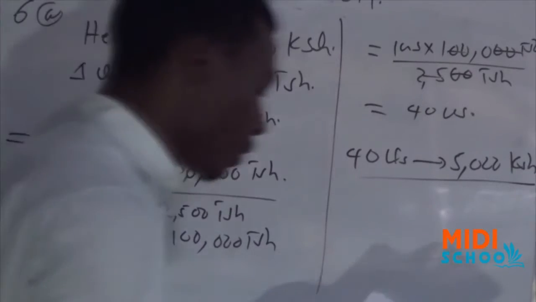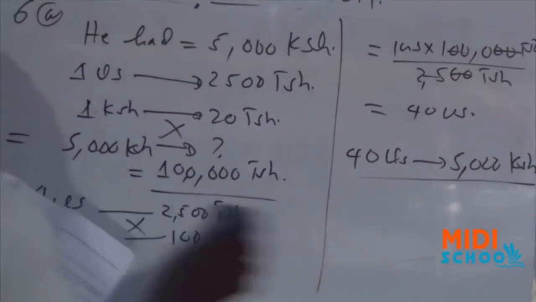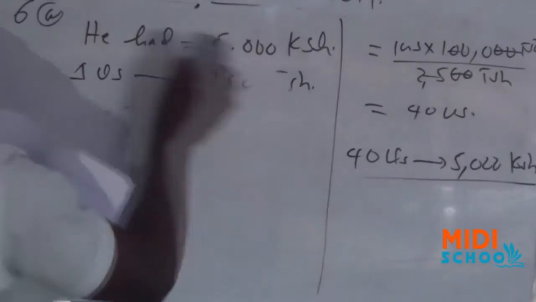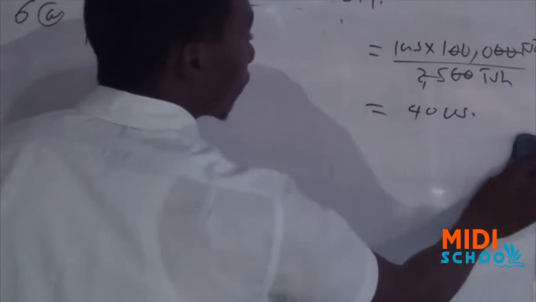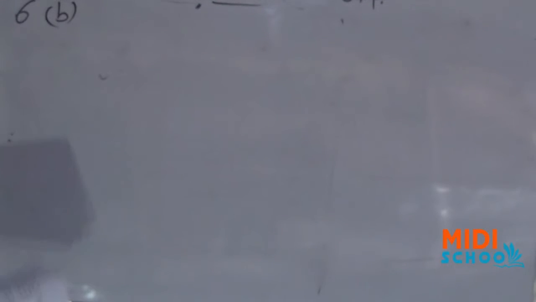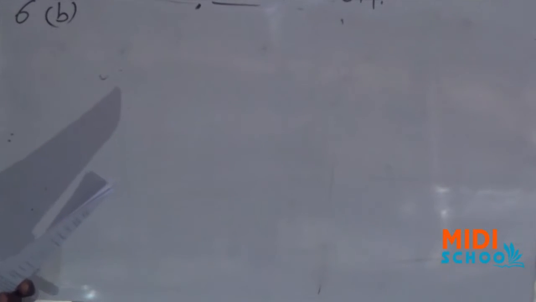Let's check the case of question number 6B. Question 6B says that a gardener has found that the time T to cut the grass on a square field varies directly as the square of its length, and inversely as the number of men doing the job.